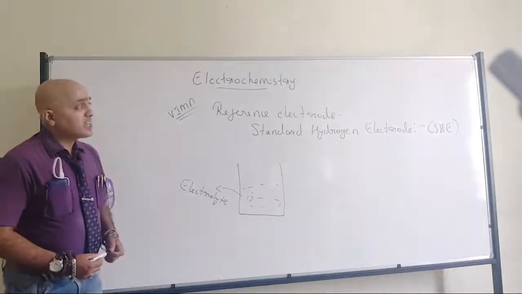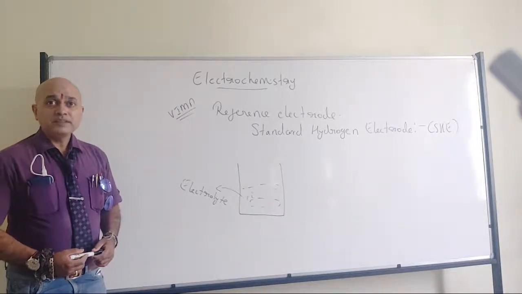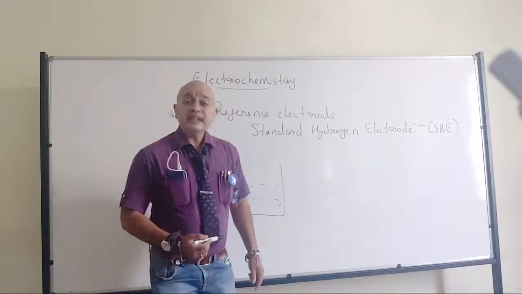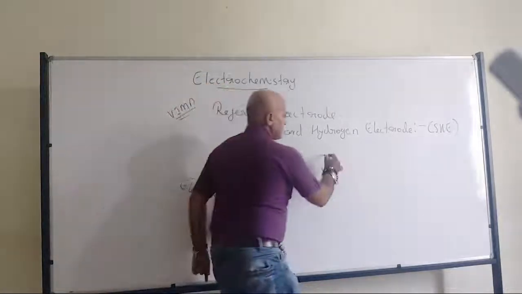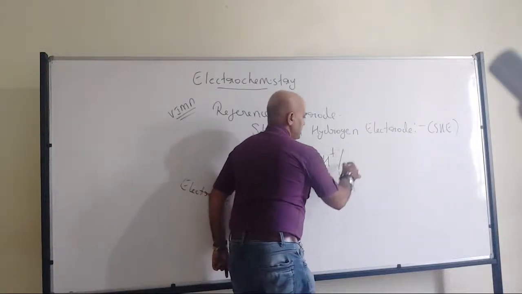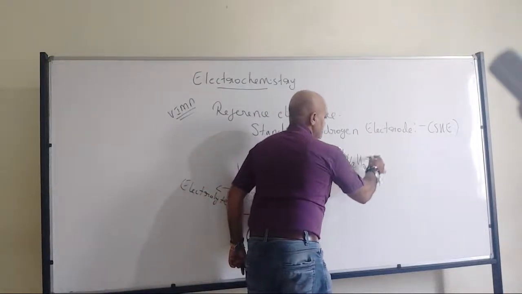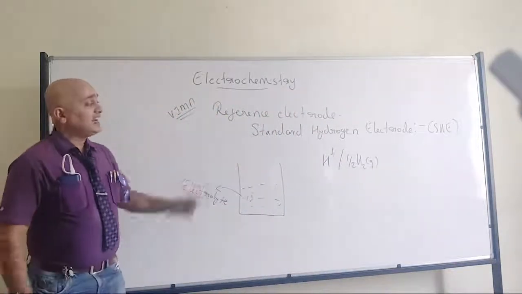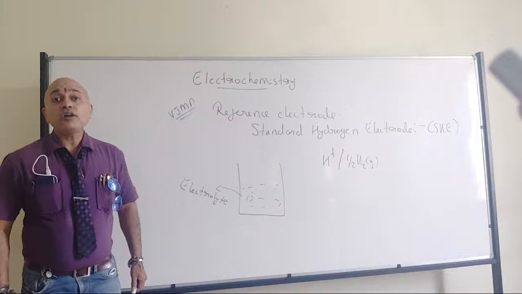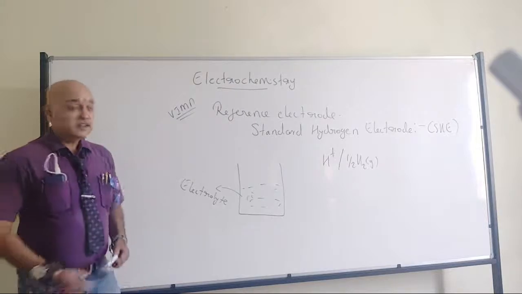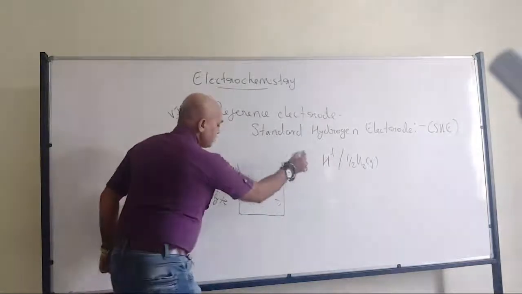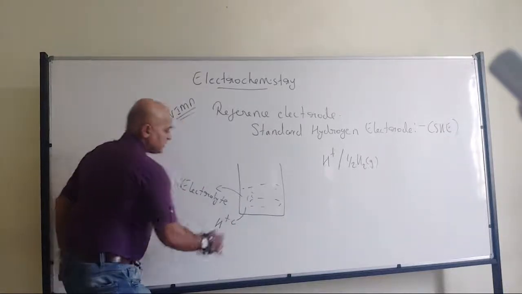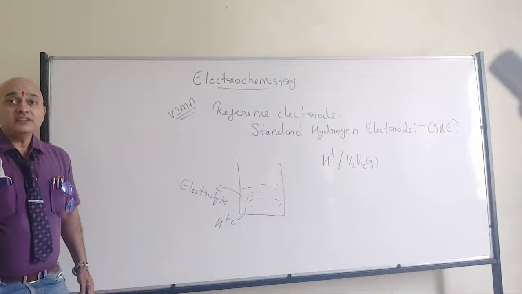When it comes to the standard hydrogen electrode, as the name itself says, it is the hydrogen electrode. Naturally we are dealing with H plus and hydrogen as the redox couple. Whatever ionic form is there should be present in the solution.